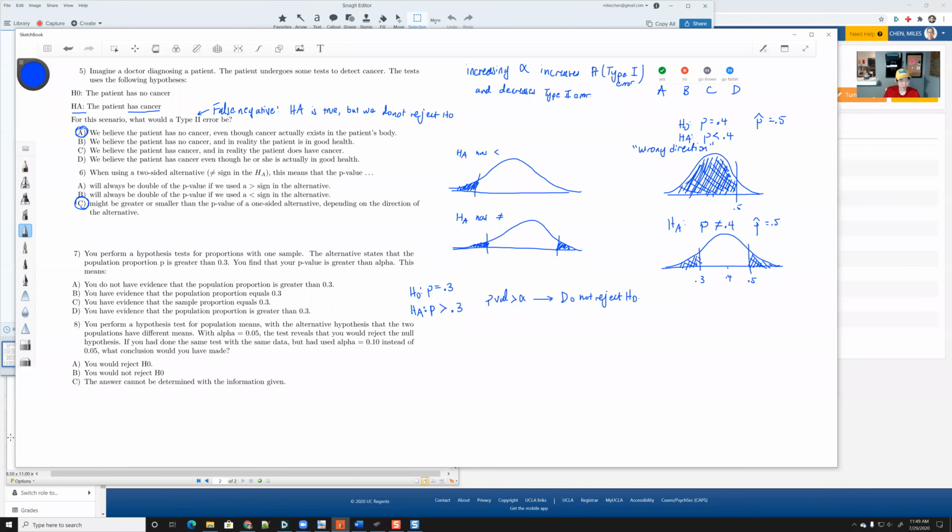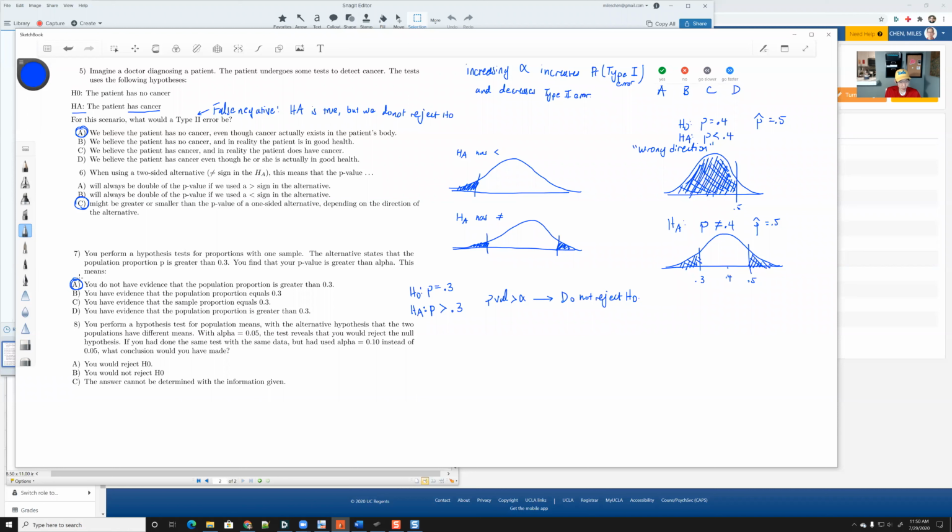So what do we say? We are going to say answer choice A: we do not have evidence that the population proportion is greater than 0.3. We can never say that the population proportion equals 0.3.